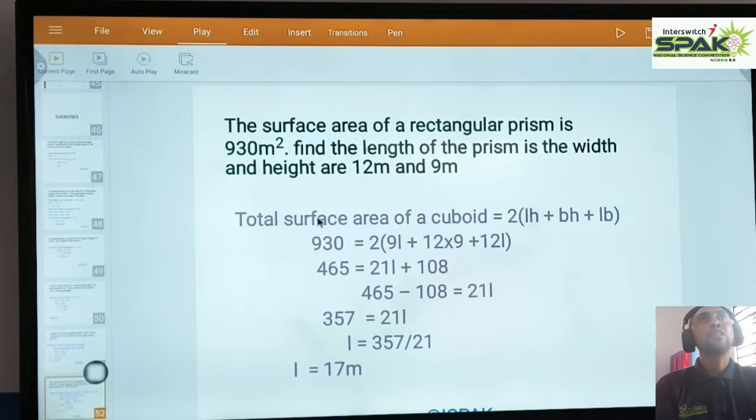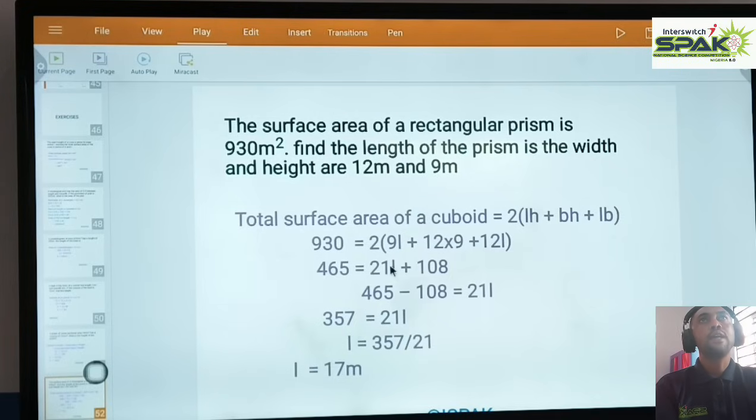So, to find the total surface area of a cuboid, the formula is 2 into bracket LH plus BH plus LB. When you substitute the total surface area to be 930, the width to be 12, and the height to be 9. So we have something like this.